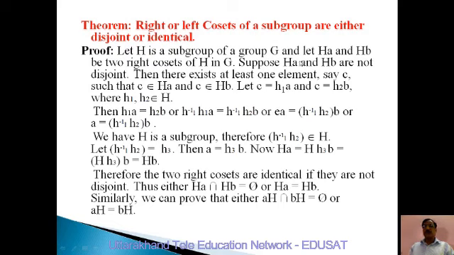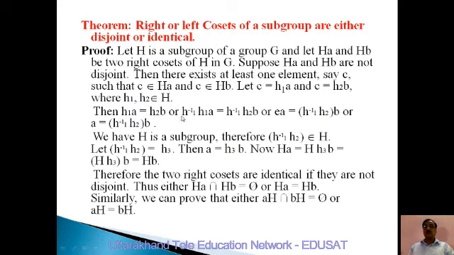Suppose Ha and Hb are not disjoint, then there exists at least one element, say c. If c belongs to the right coset of a and the right coset of b, then c equals h1a, this is also a right coset, and c equals h2b, where h1, h2 belong to H. Then h1a equals h2b.